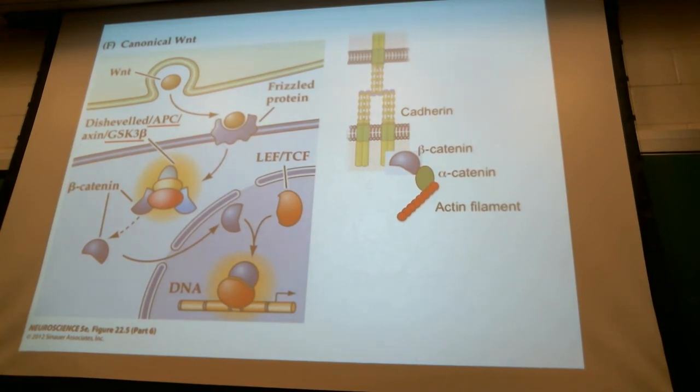So it's not going to be degraded and accumulates in the cytosol. Once it's accumulated, it goes to the nucleus and binds its partner called LEF or TCF, and then this complex will bind DNA and turn on the gene. So this is one of the very important morphogens.